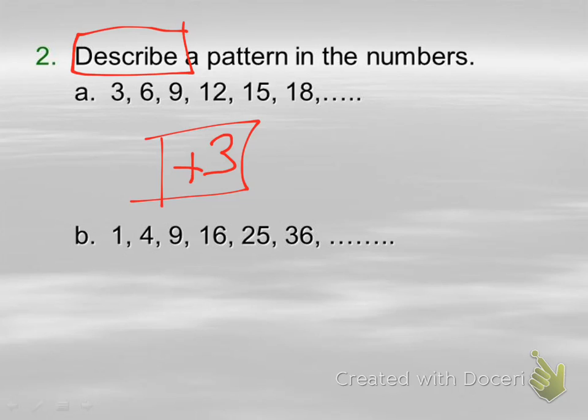All right, there are actually 2 ways to describe the pattern in part B. Does anyone know one way? You add 3 between the 1 and the 4. I agree with that. But 4 plus 3 would give you 7, not 9. So.